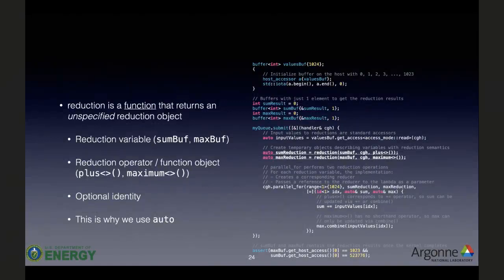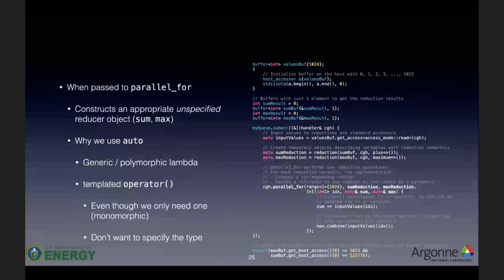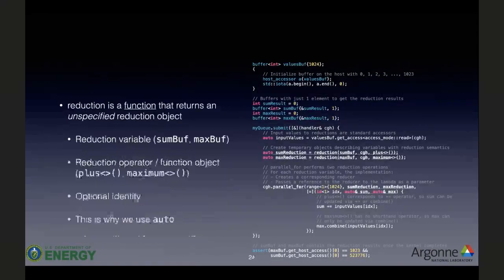And in part of this, you also have three parameters. So you have the sum buff and max buff. Those are the reduction variables. Those were the buffers that were declared up here. The context. You have what the function is.